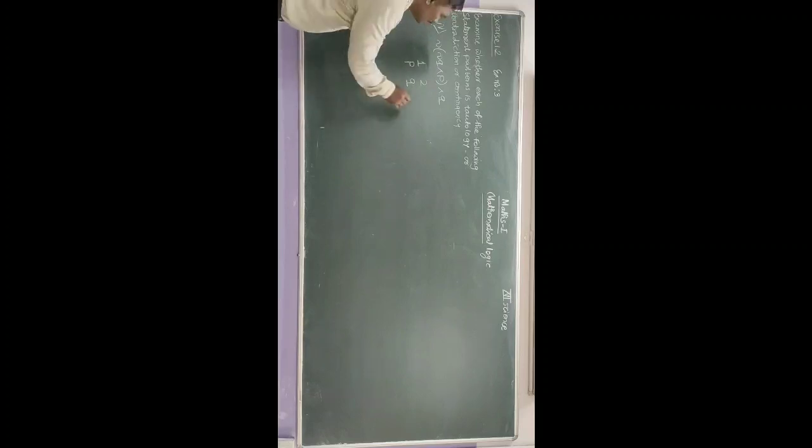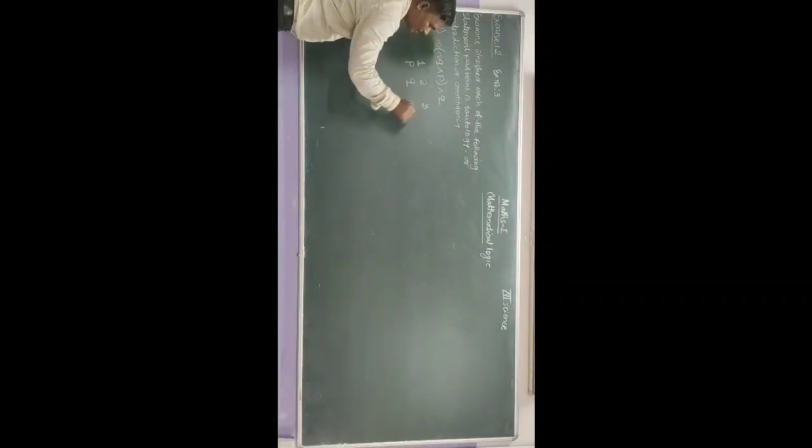Third column is the negation of Q, conjunction P; first we find the negation.